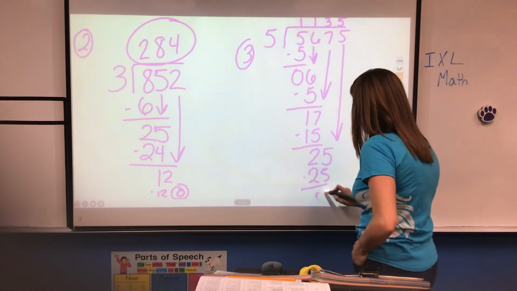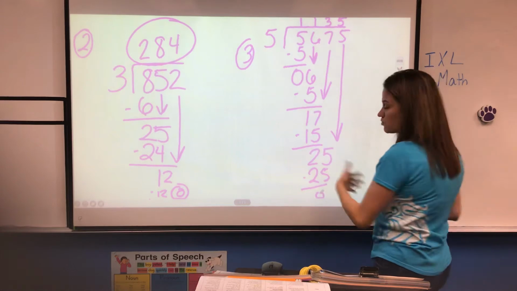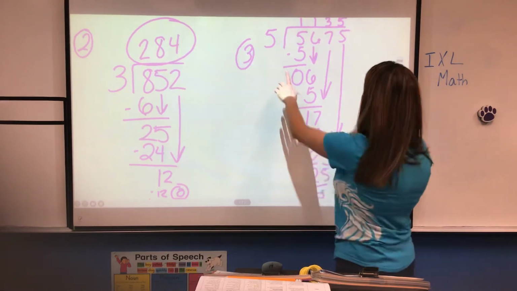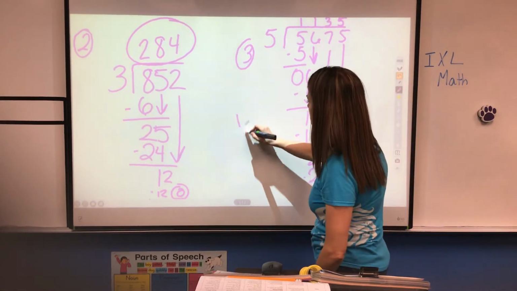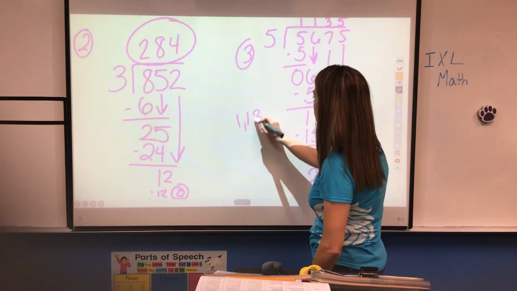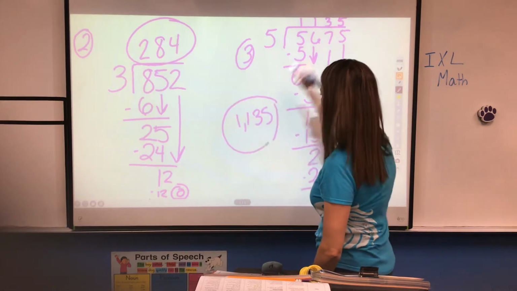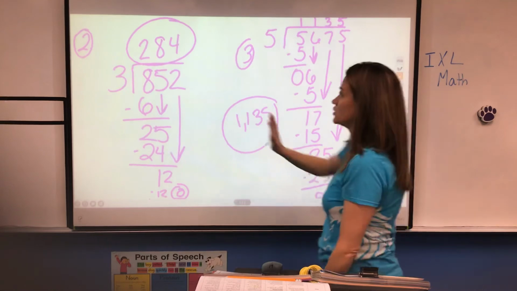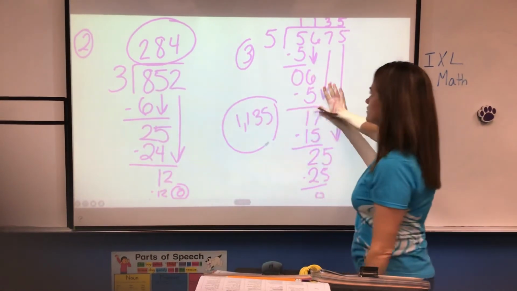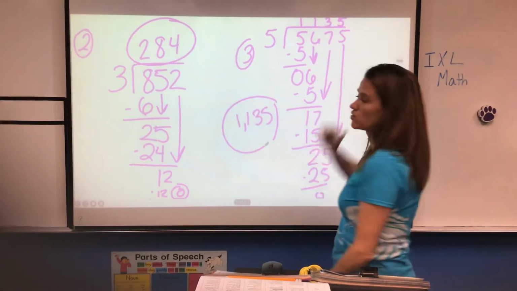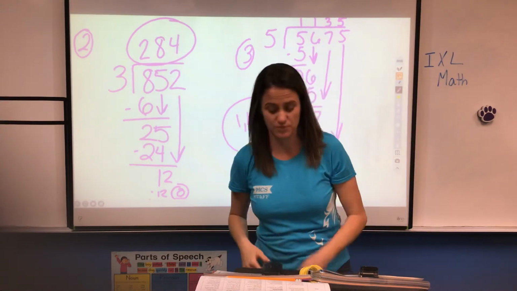We have 0. We don't have a remainder, and we don't have any more numbers to bring down, so your answer should be 1,135. Just in case you can't see it up top. So you can see, looking at the 3-digit number and the 4-digit number, the only difference is there's just 1 extra number you have to divide out, okay?